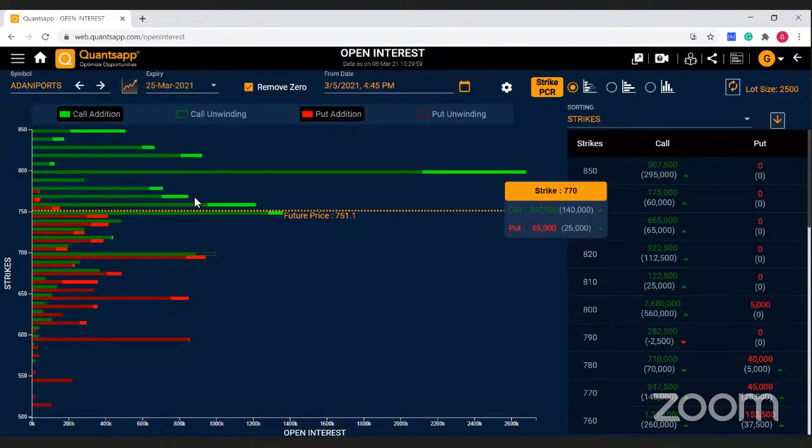Then if this breaks, these are the minor resistance levels which are standing. Still 760 stands as the resistance level, and there's a possibility the call writers are thinking the prices won't be able to sustain at this price, or that the future prices won't be moving much, from 751 to 755, 78.